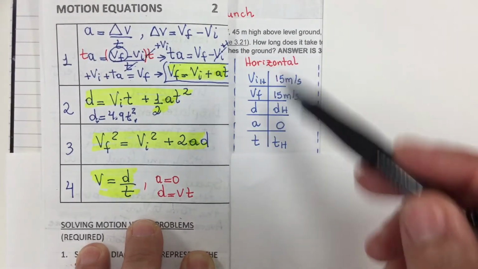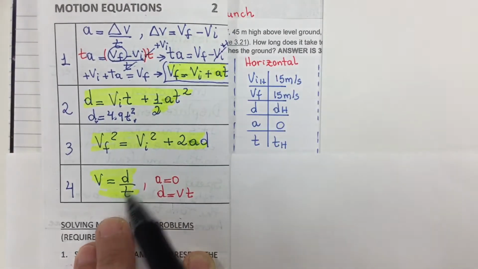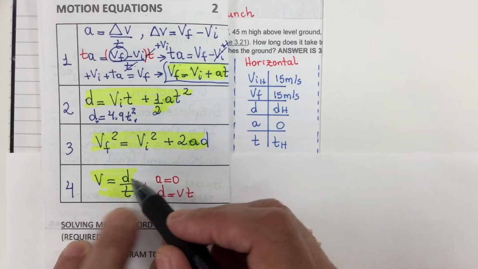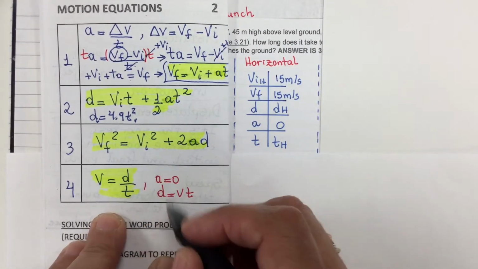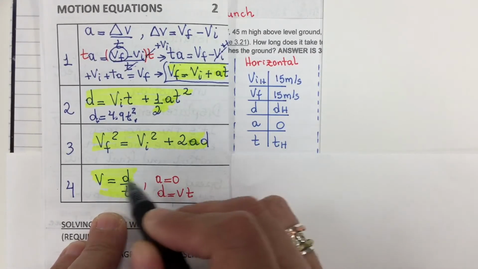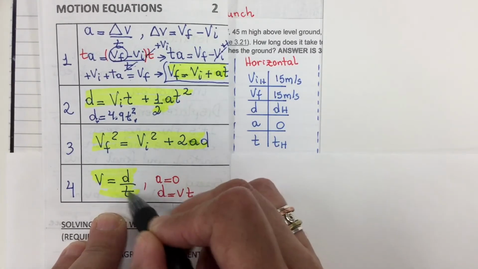So in this case, for the horizontal table, the best equation is this equation right here, or we can derive a formula for distance. In this case, distance is velocity times time. So either one, we can derive any equation from those three variables.